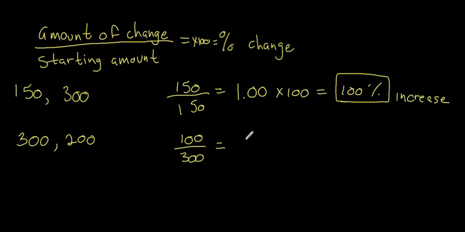That gives us 0.33. Multiply that by 100 equals 33 and 1/3%. And is the second number bigger or smaller than the first? Well, it's smaller, so that means that it's a 33 1/3% decrease.